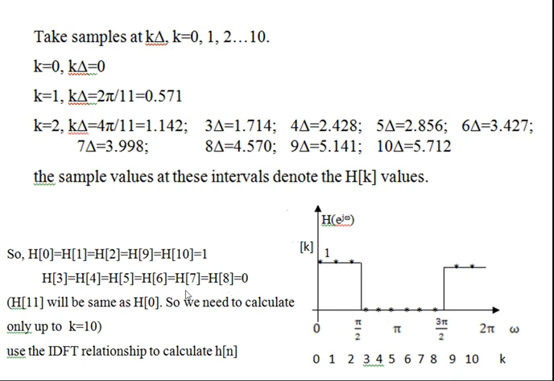You can see the values h0, h1, h2, h9 and h10 are 1. These five values are 1. And the others, h3, h4, h5, h6, h7 and h8, are zeros.